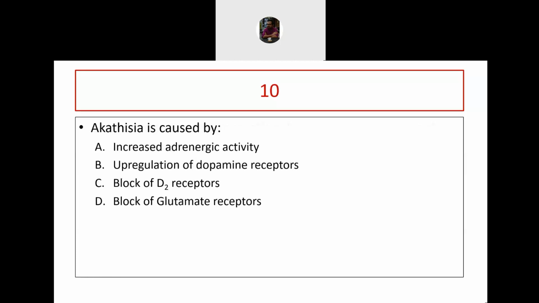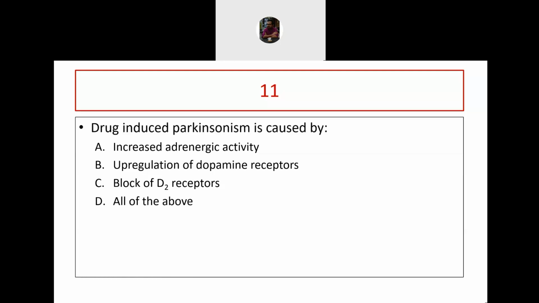Akathisia is caused by. Next question. Drug induced Parkinsonism is caused by.